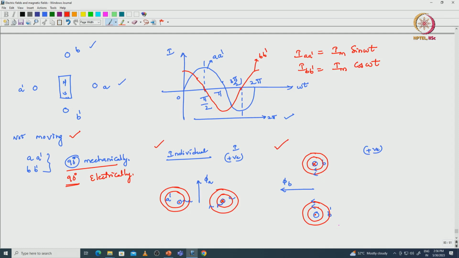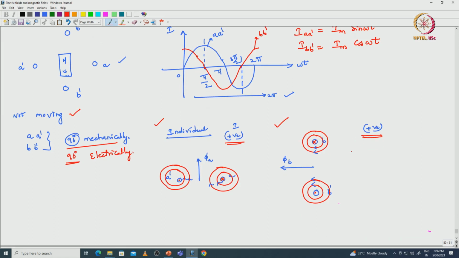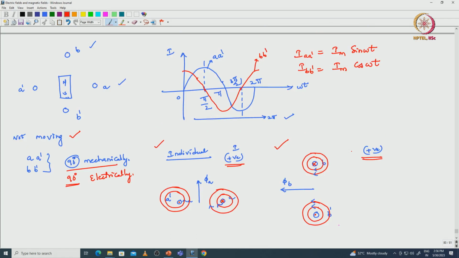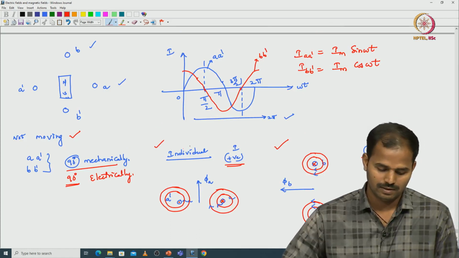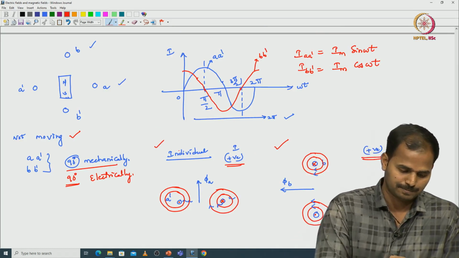Just consider positive currents in both coils as a reference and apply the thumb rule, and we can find the phi A and phi B directions. These are the reference phi A and phi B directions. Now we will analyze what kind of magnetic field is there with this arrangement.